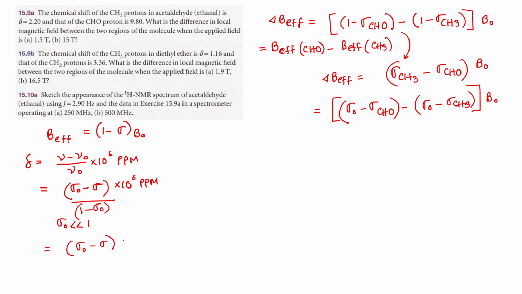Okay, this is 10 to the power 6 ppm, right? So we got something like this here.